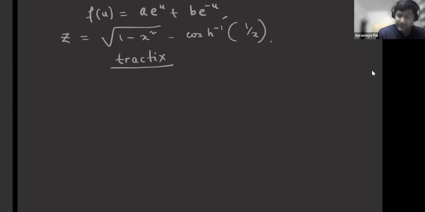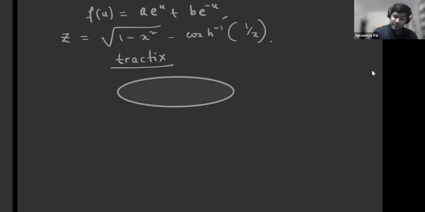This is what people sometimes call a tractrix, or tractroid. That's the surface, and it has a nice geometrical shape. It's like a funnel kind of thing, something like this.